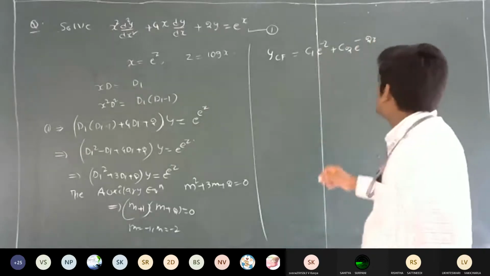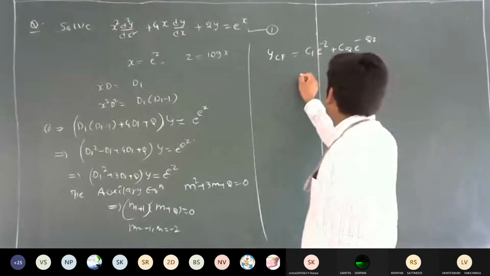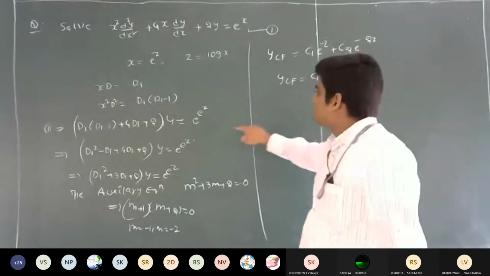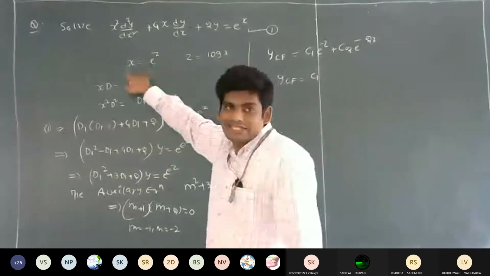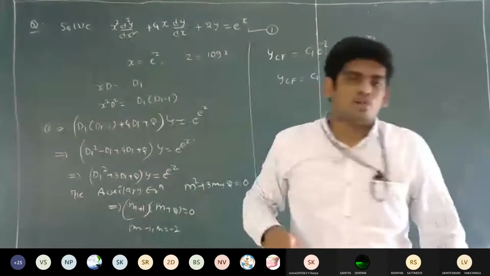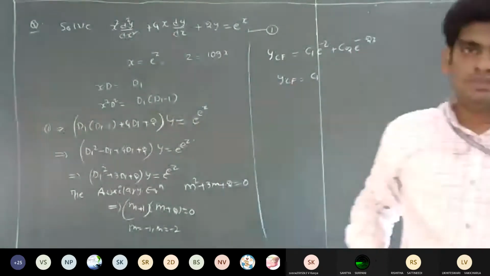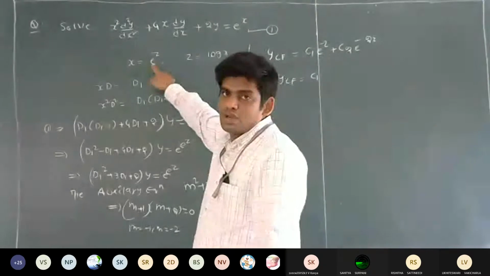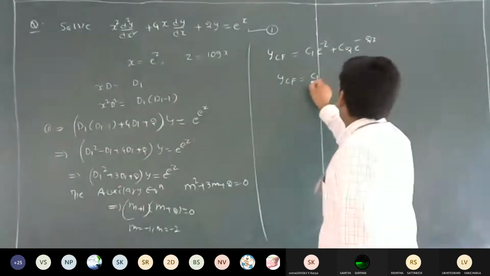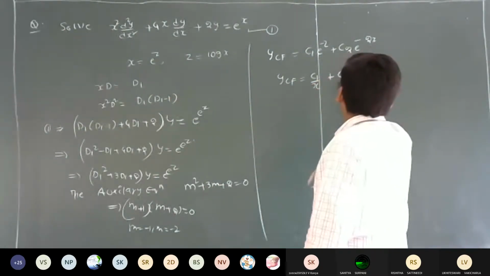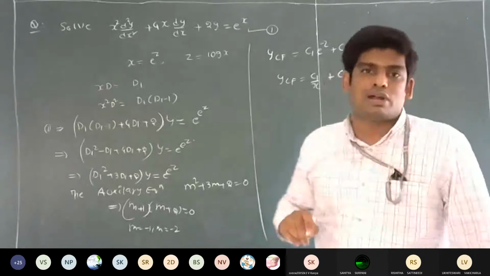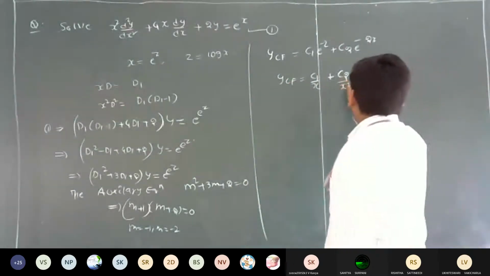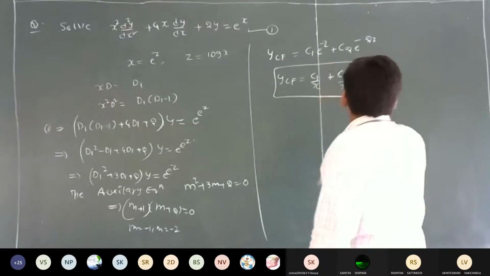So ycf is equal to c1 into e power minus z, and since e power z is x, e power minus z is 1 by x. Plus c2 into e power minus 2z, which is 1 by x square. So this is the complementary solution.